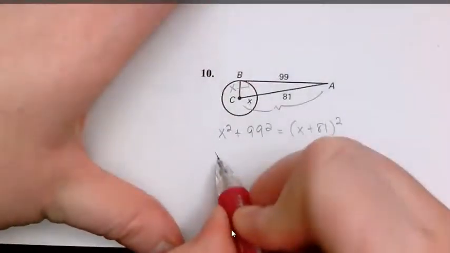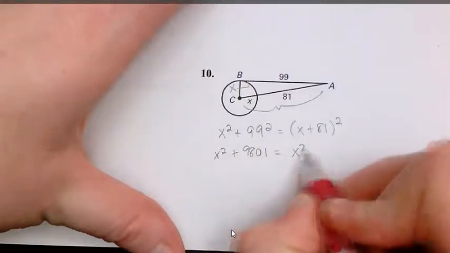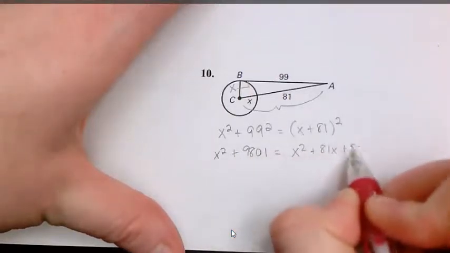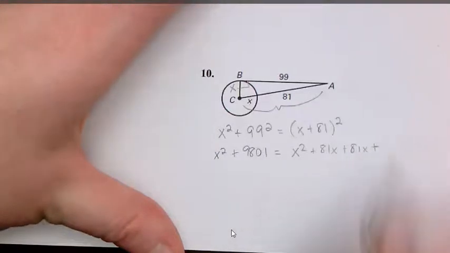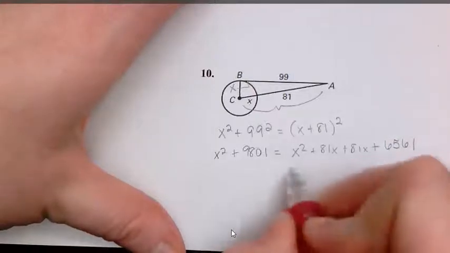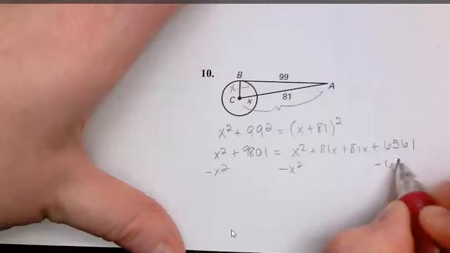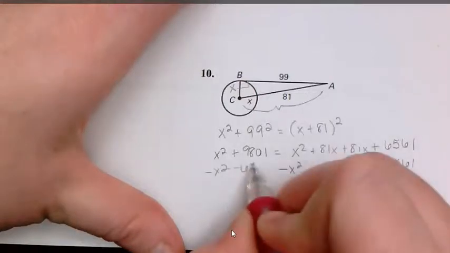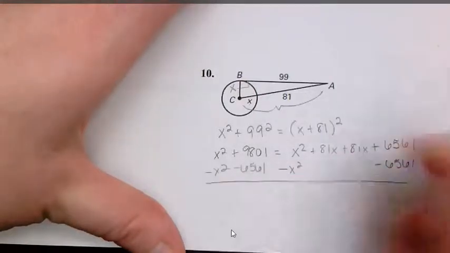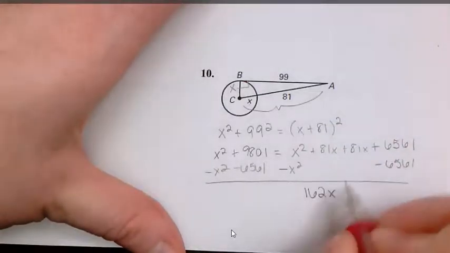So I have x squared plus 9801 equals x squared plus 81x plus 81x plus 6561, minus x squared, minus 6561. 81 plus 81 is 162x.